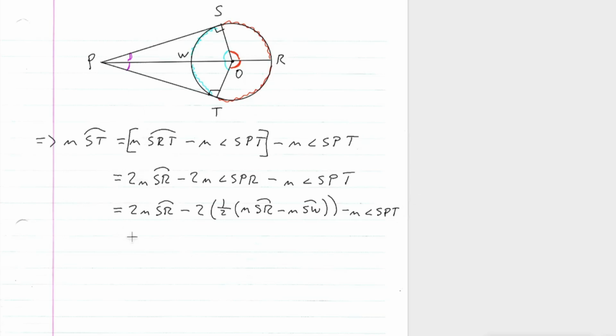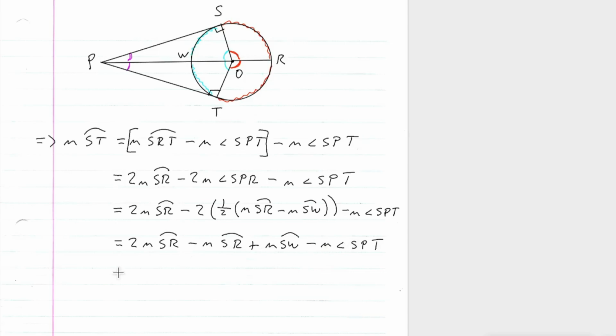And then 2 times a half is just 1, so I'm left with 2 times the measure of arc SR minus the measure of arc SW, and minus makes this plus, so this will be plus the measure of arc SW, and then minus the measure of angle SPT.